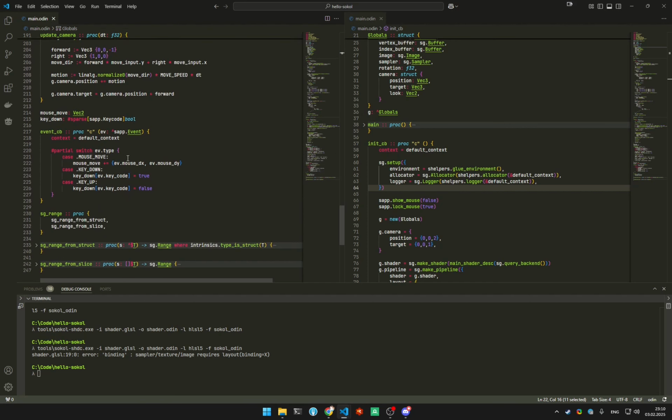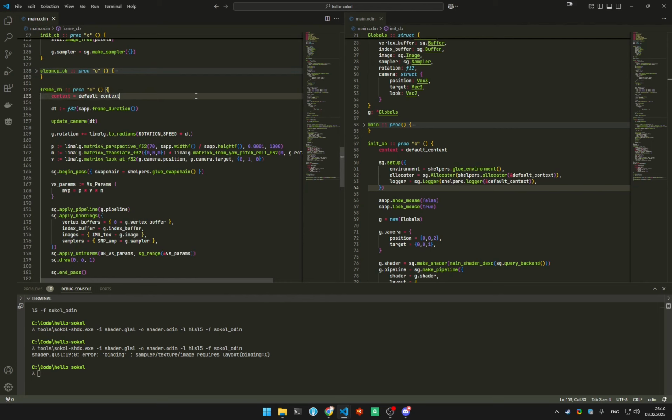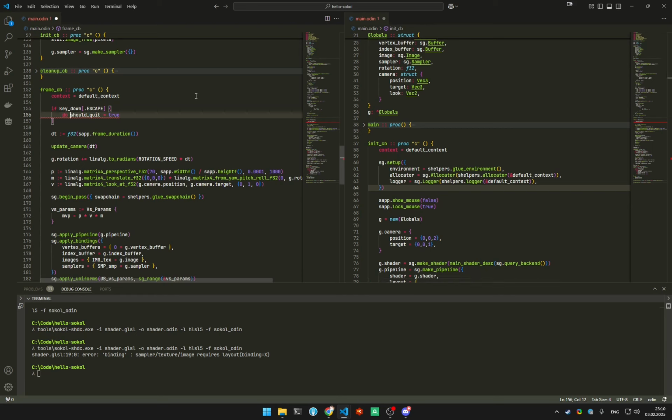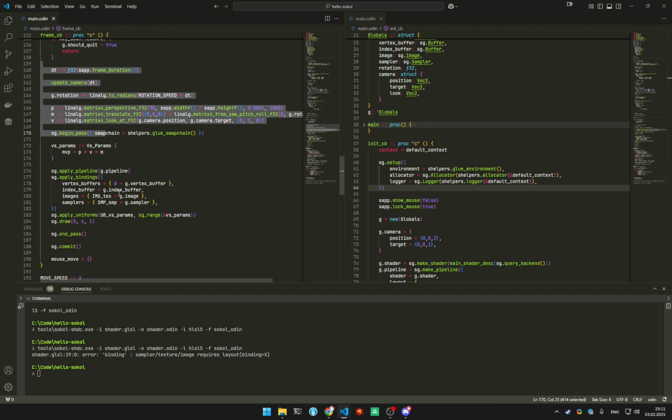And maybe when we actually have a key down, like when we are handling in the very beginning of our frame, we say if escape key is down, then just say should quit equals true. Actually, we don't really want to have it as a one-liner, because what we want to do here is set this variable to true, and then just return, so we don't execute all this.